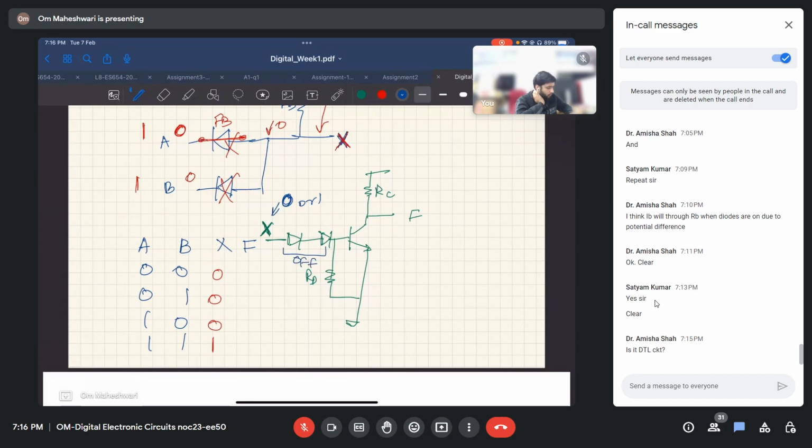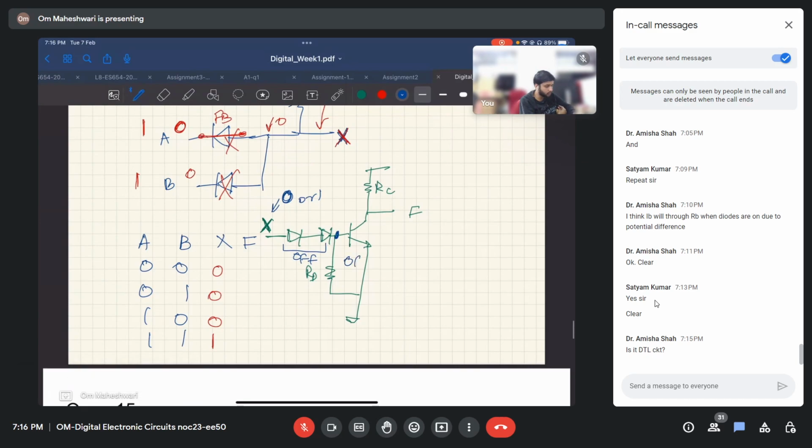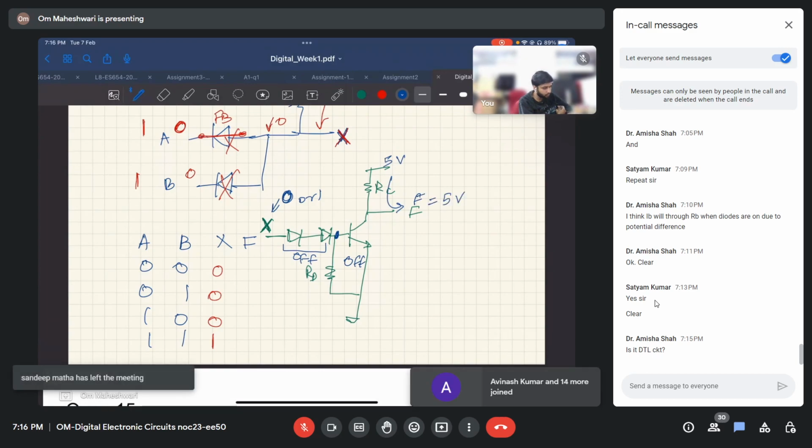When these diodes are off, the current should not flow through here. When both of these diodes are off, there is no potential here, so this transistor is off, and we get 5 volt here at F. So whenever X is 0, we get 1.